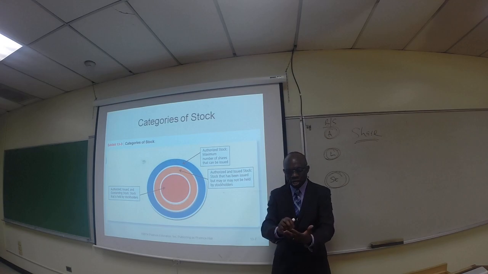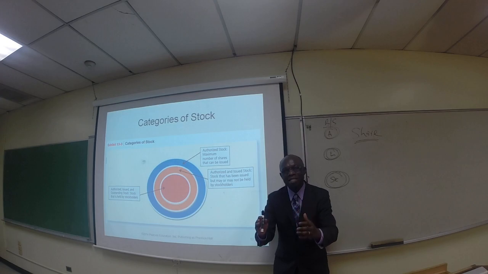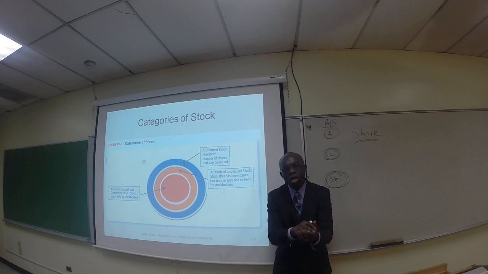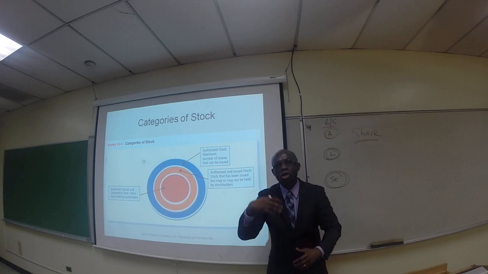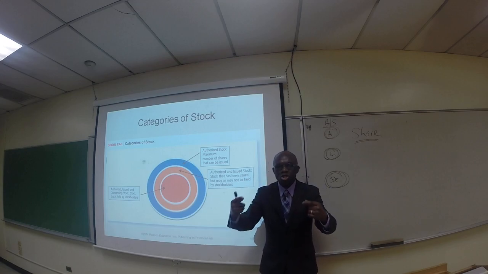In other words, when you set up your corporation with the government, for example, in the state of Illinois with the Secretary of State, you have to specify the maximum number of shares that you are willing to issue. So if you say 1 million and your application is approved, by law, you cannot issue more than 1 million shares. So we call that authorized shares.